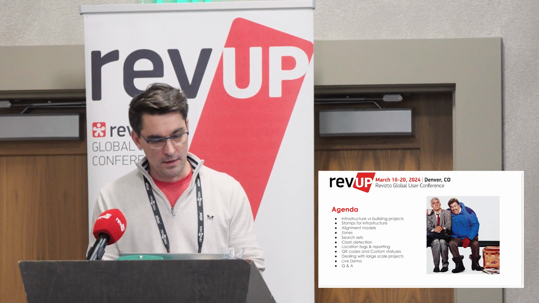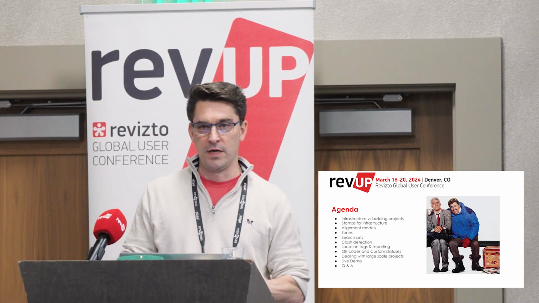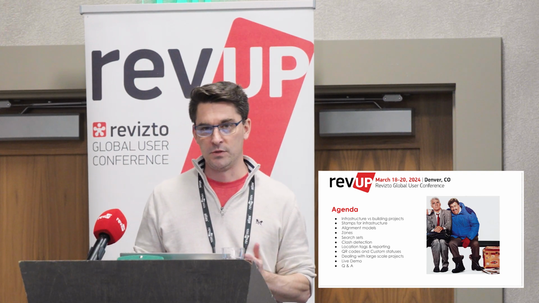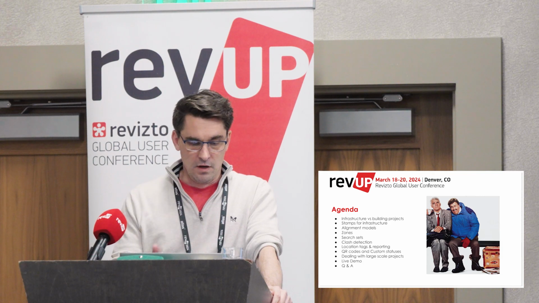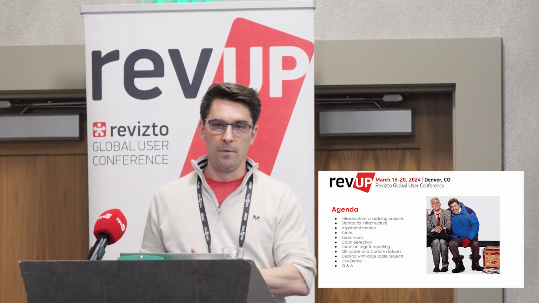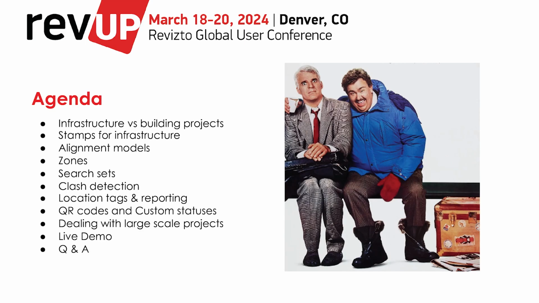We'll look at infrastructure versus building projects, just talk about the differences between the 2 types of project. We're going to look at stamps and just how stamps are different for the infrastructure space. Alignment models, so the term alignment is used, or there are different terms for that thing around the world.